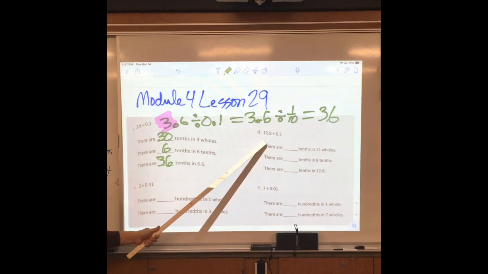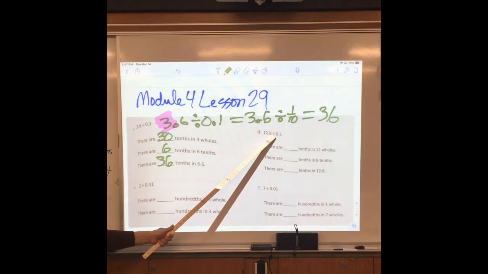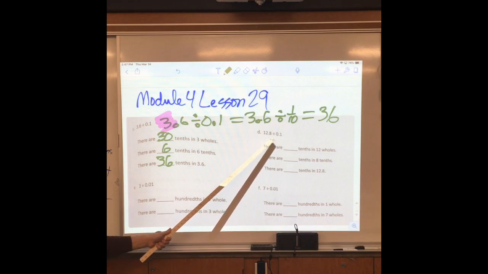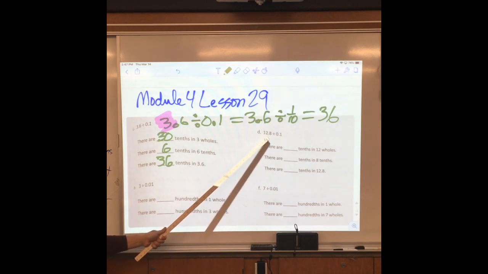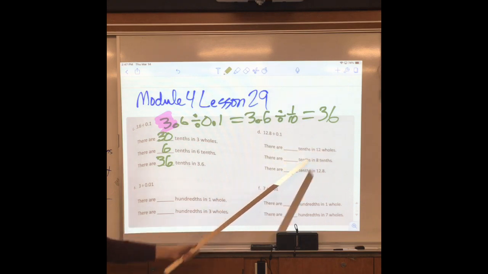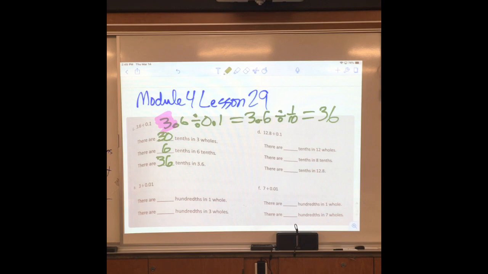Okay. Let's take a look at 12.80. Is this dimes or pennies? Right, it's dimes. And remember, there's 10 dimes for every whole, right? So there are how many tenths in 12 wholes? Wow. I hope you said that's 120.